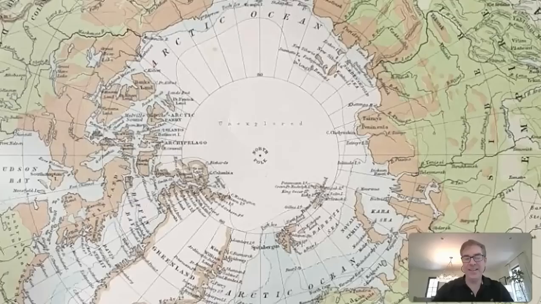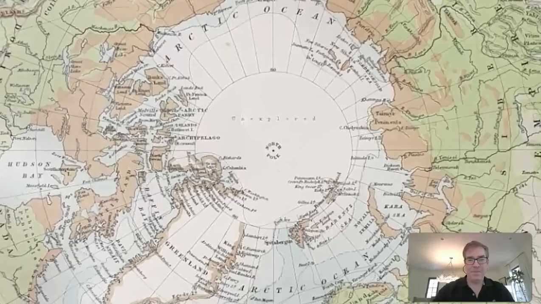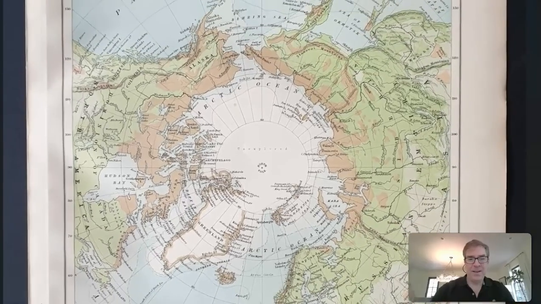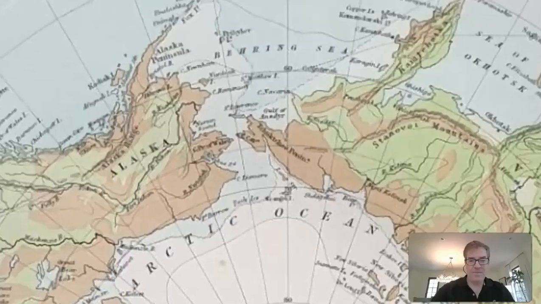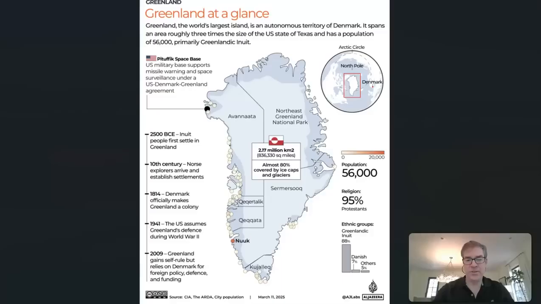We see Greenland, and all of a sudden its border kind of just disappears into the ocean, but we don't see it necessarily as an island in these maps. But again, we see the strait, Bering Strait now, between Alaska of the United States and Russia in this 20th century map.